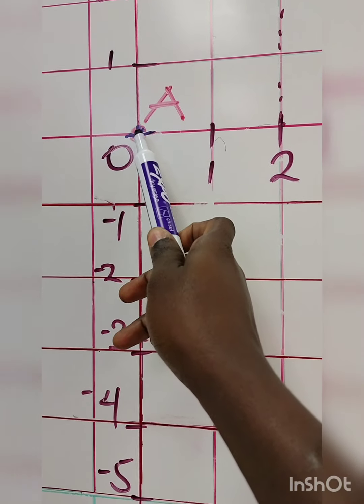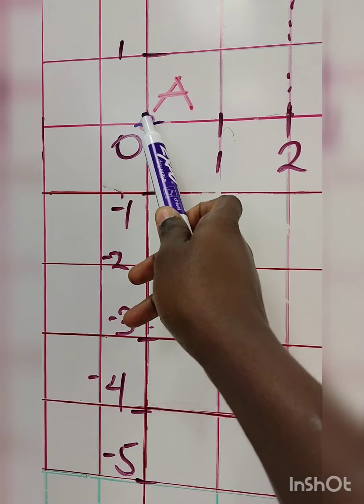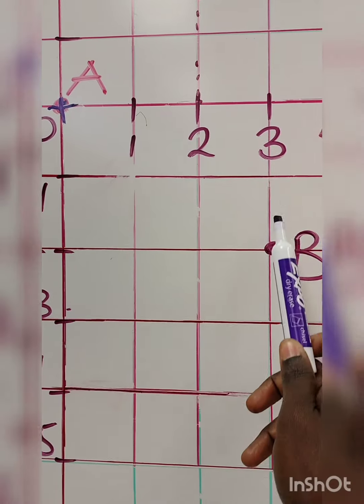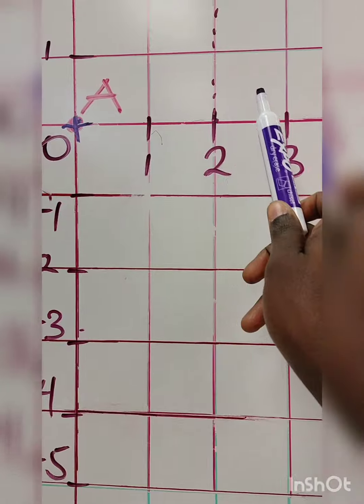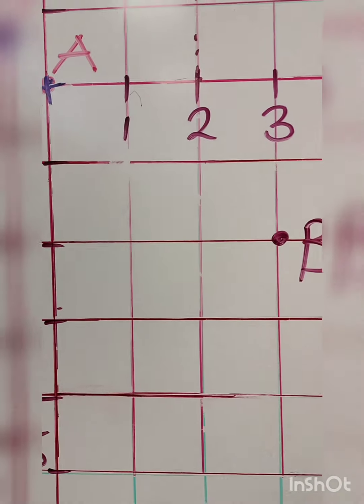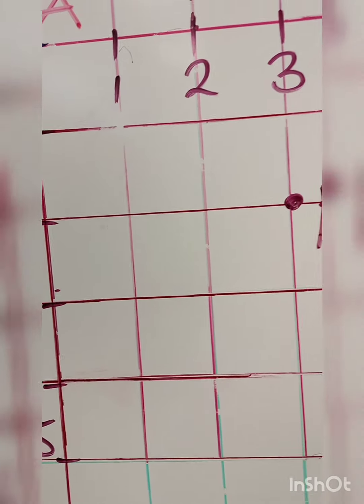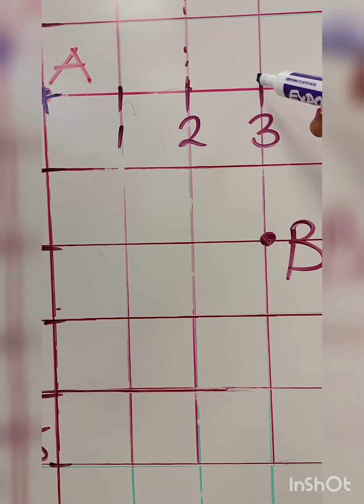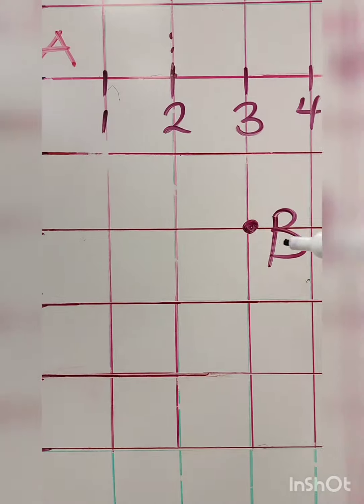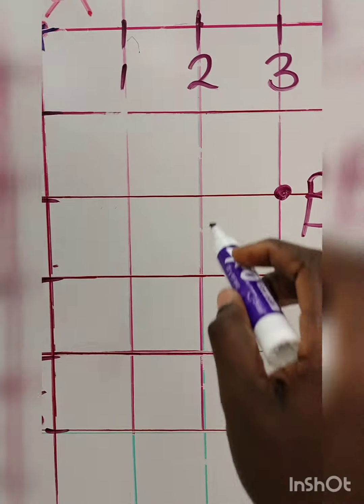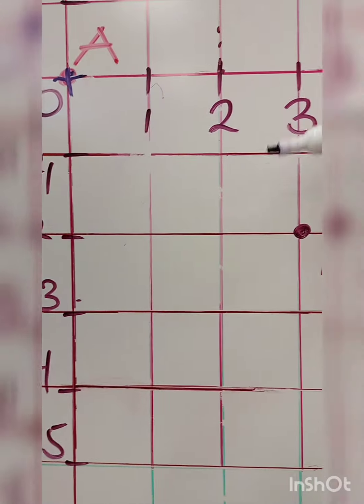From the 0 point, how many units did you take before you got to your point on the x-axis? So 1, 2, 3 units. It means we are getting 3 on the x-axis. Then on the y-axis, what would be the number of units? 1, 2. Great. That is -2 because we came down.